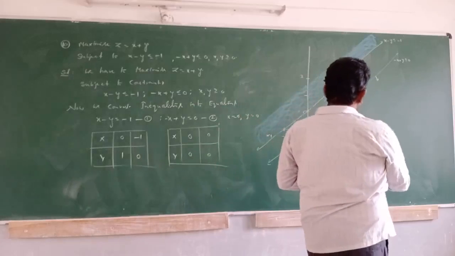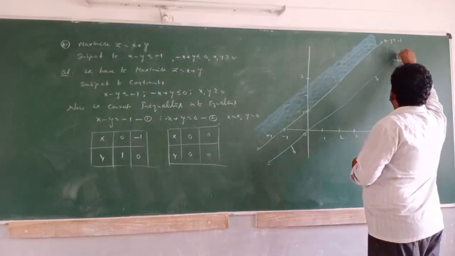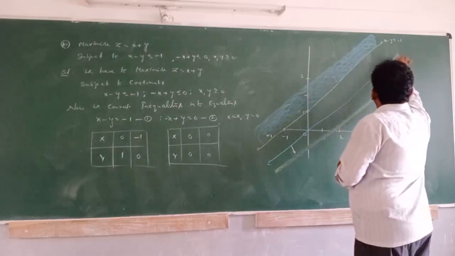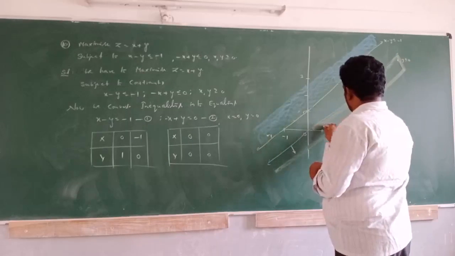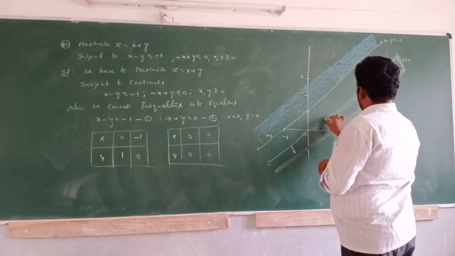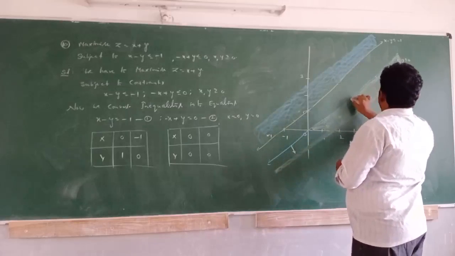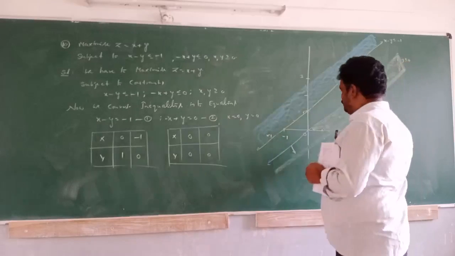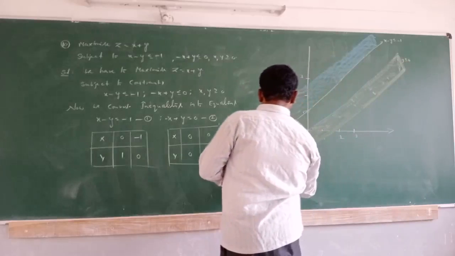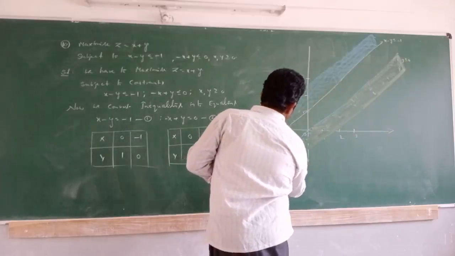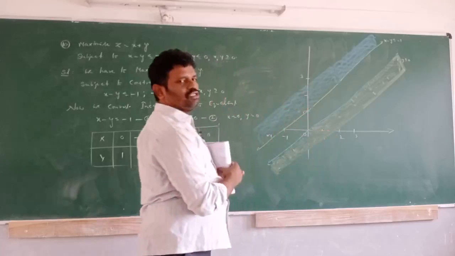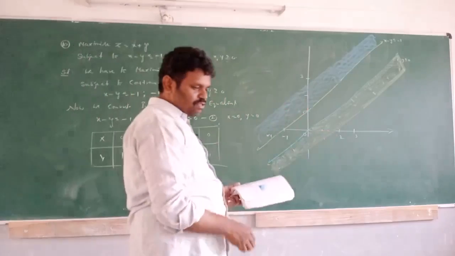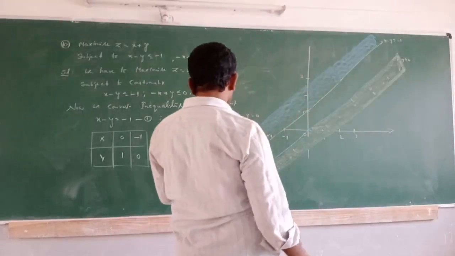Now similarly here, this side also, if you consider this portion. Okay? So is there any common point? This portion is upwards, this portion is downwards. So what we are observing from this graph is that a feasible region does not exist.